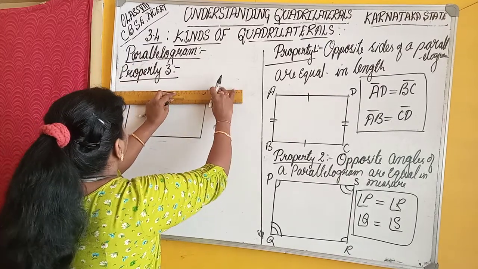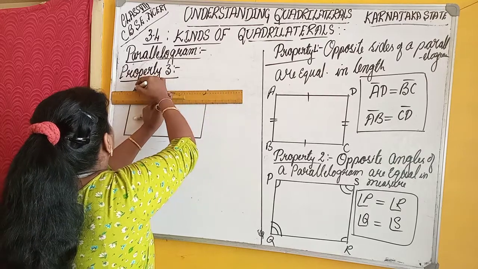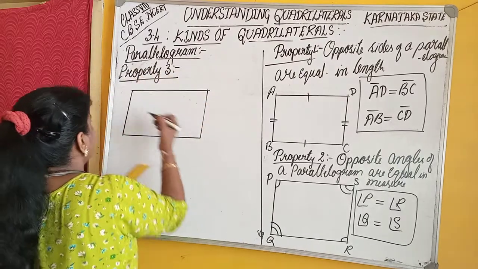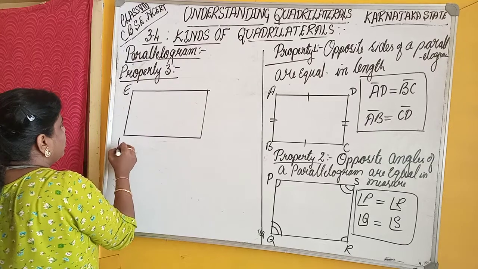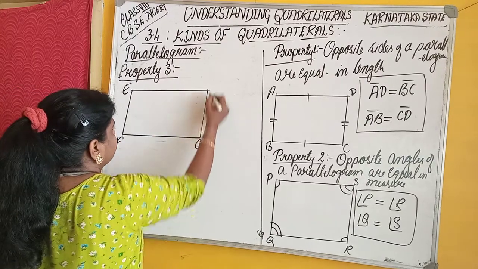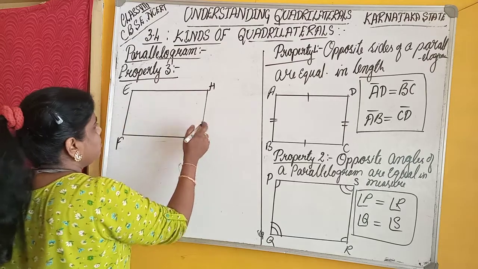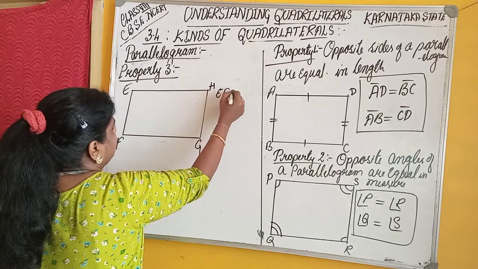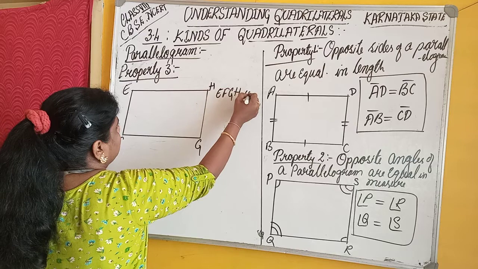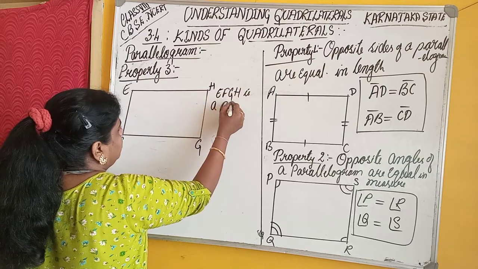It is nearly a parallelogram. Give it a name, EFGH. In this, EFGH is a parallelogram.